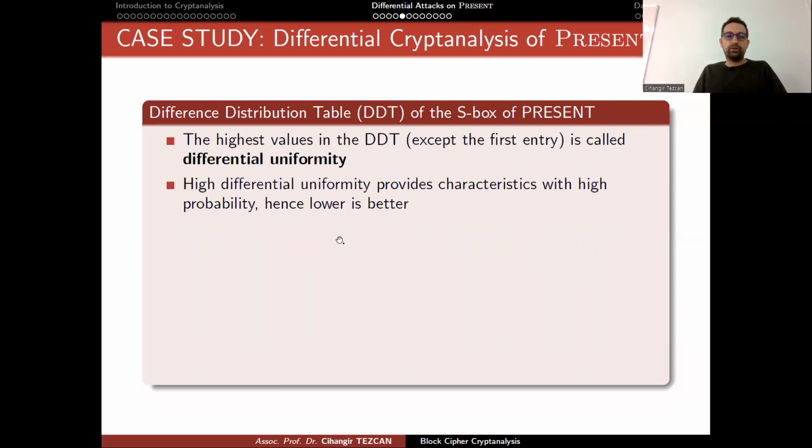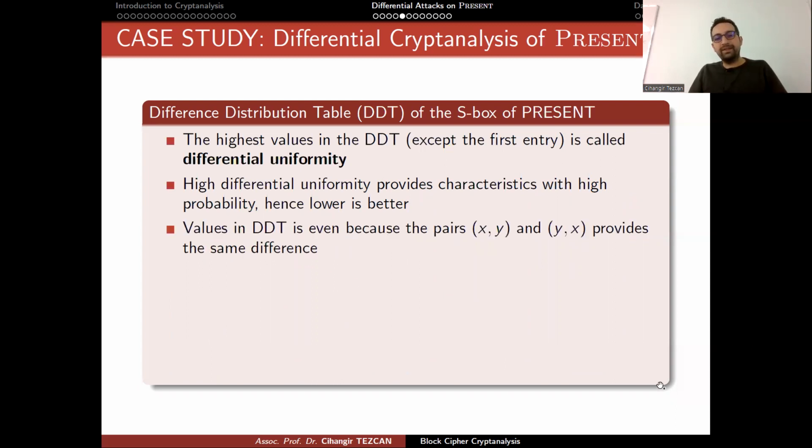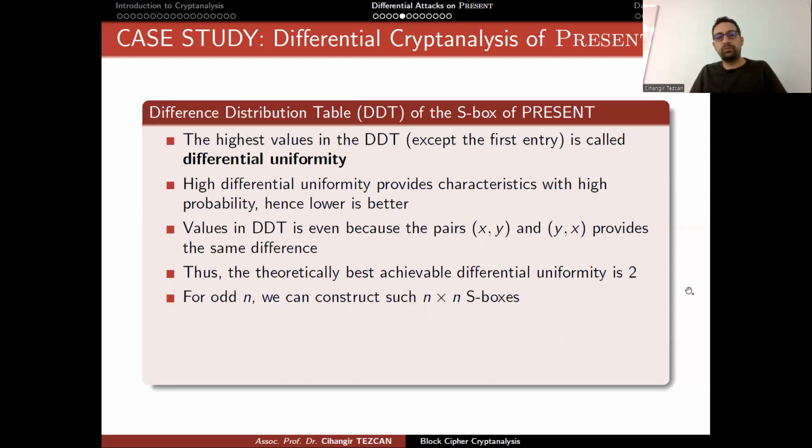So high differential uniformity provides characteristics with high probability, hence lower is better. For the attacker, of course, high is better, but for the designer, low is better. Values in the DDT are even because the pairs X, Y and Y, X provide the same difference. Thus, the theoretically best achievable differential uniformity is 2.